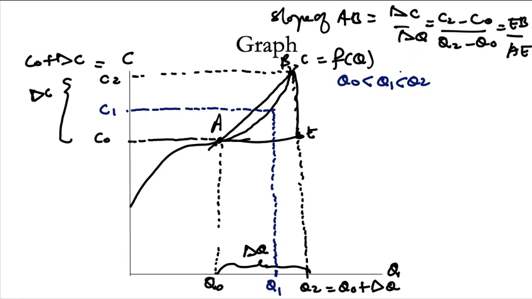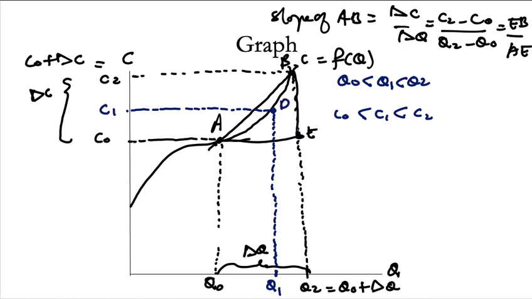Okay, and at the same time, C1 is greater than C0 and less than C2. All right, so it's logical. The more we increase the production, the more cost we have to incur. Alright, then I'm talking about this point here, call this point D.